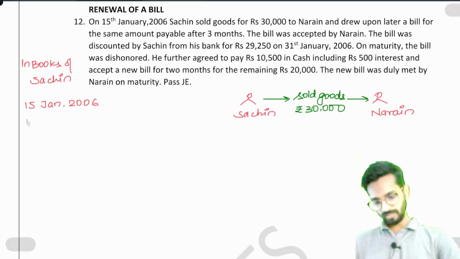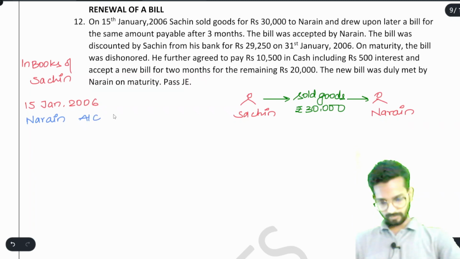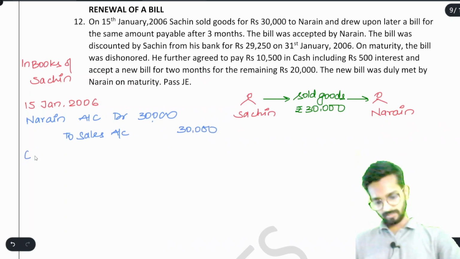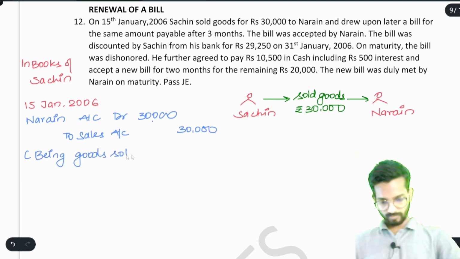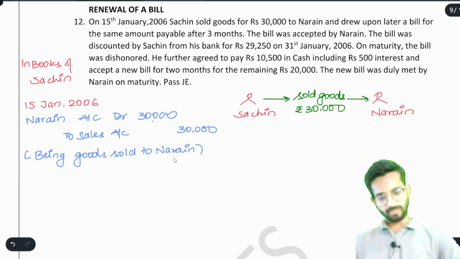So the first entry will be Narayan account debit 30,000 to sales account 30,000. Here we will write goods sold to Narayan. Simple enough.